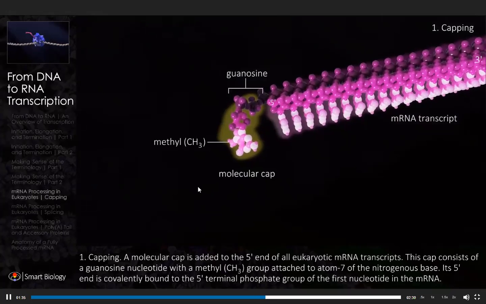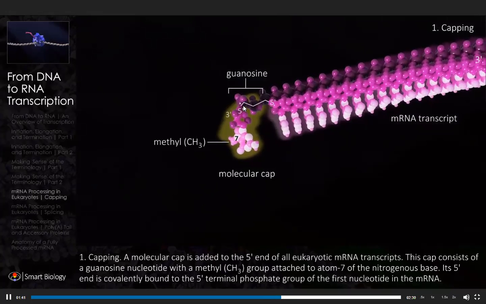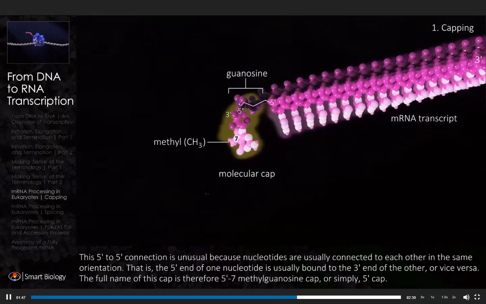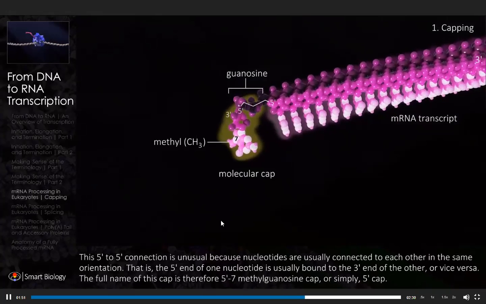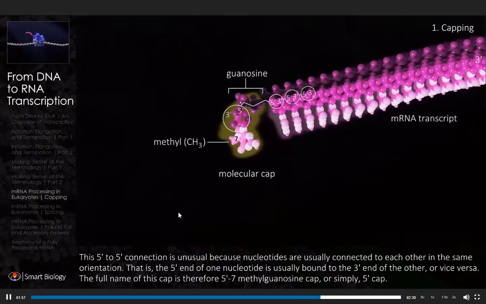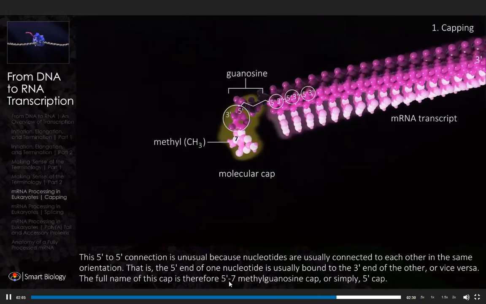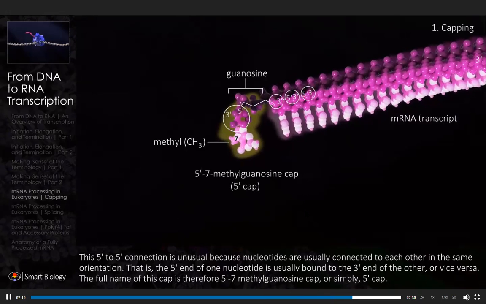This is the methyl group, and this is the 5' to 5' bond that is formed in the head of the cap. This is unusual, as I was mentioning, because normally nucleotides are connected in a 5' to 3' direction. Therefore, this cap is called a 5' 7-methylguanosine cap, or simply the 5' cap.